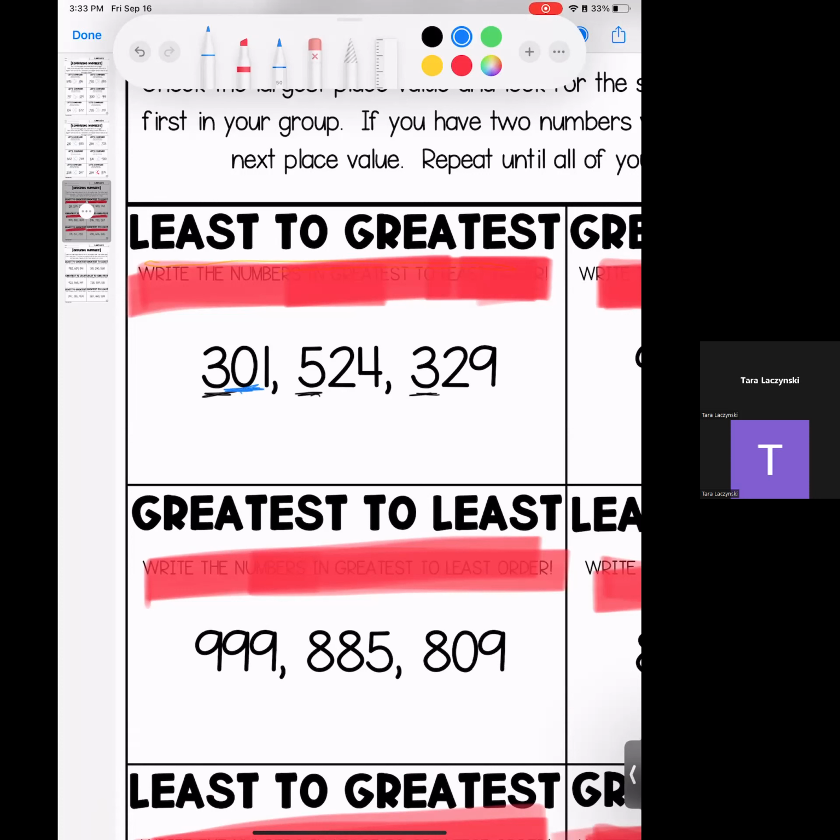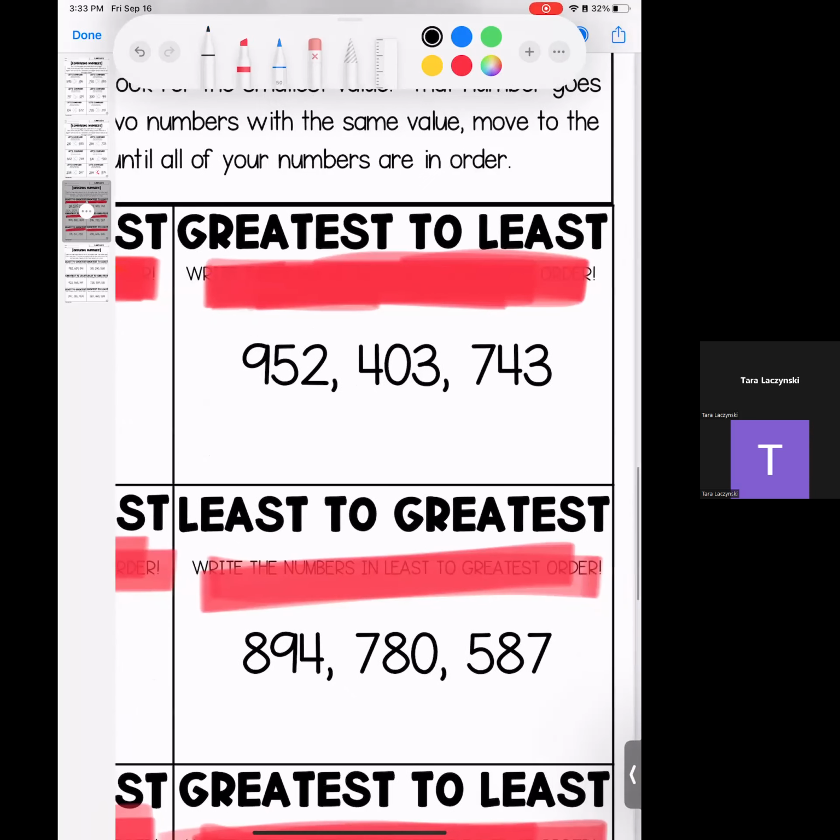We have 0 tens and we have 2 tens. If we put these in order from least to greatest, 301 is the smallest, 329 is the middle value, and then the only one that's left, 524, would be our greatest value.